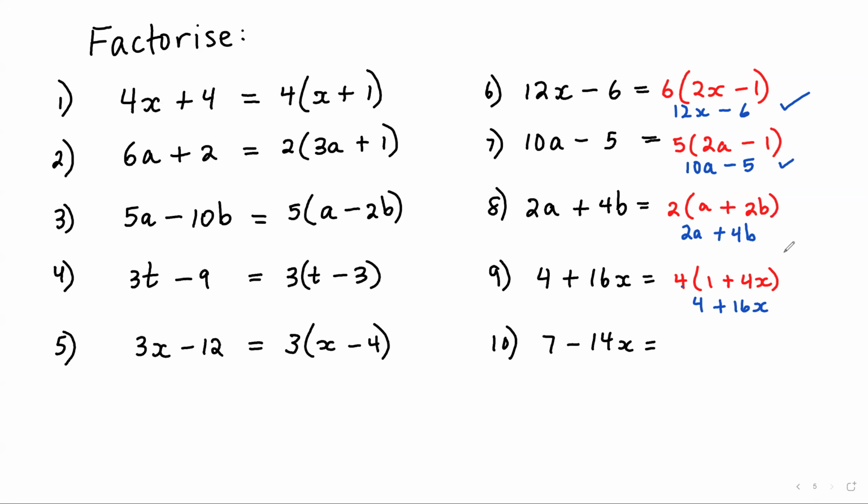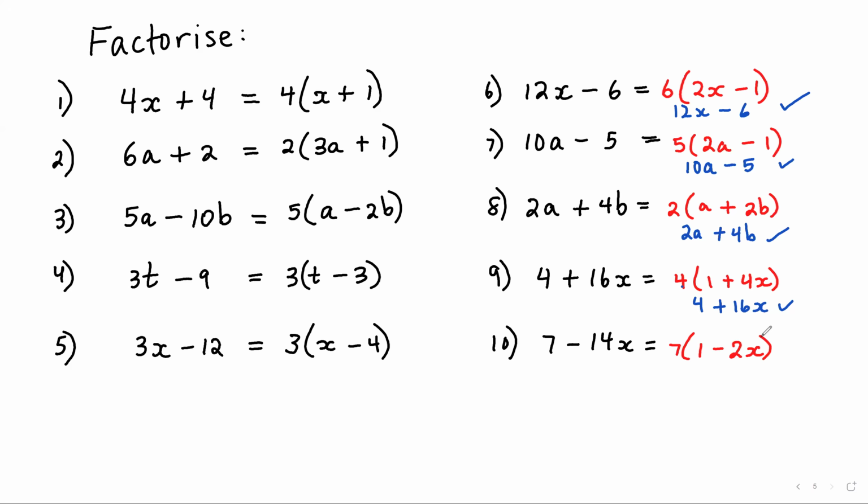So far, as you can see, when you expand your brackets, you get back the original expression that you were trying to factorize. That's how you know you are correct. And then the last one here, the common factor is 7 because 7 could go into 7 and 7 could go into 14x. So 7 into 7 is 1 and 7 into 14x is 2x.